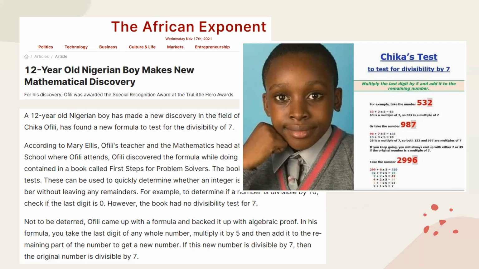It's not that hard to think about why, if subtracting 2 times the 1's digit worked, adding 5 times the 1's digit worked. But this 12-year-old apparently came up with that test on his own. Over there on the right, he's showing some examples of how he does his test, which is the one we just came up with. His name is Chika Ofili. Someone drew our attention to that after the paper posted.